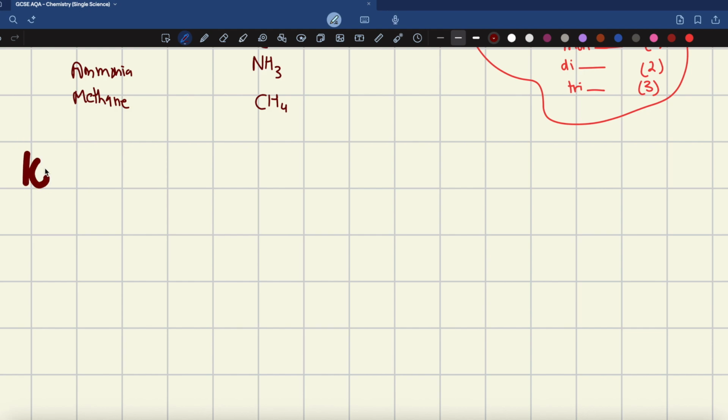So what exactly is an ion? An ion is a charged particle. It is non-neutral. That basically means that it either has a positive or a negative charge.